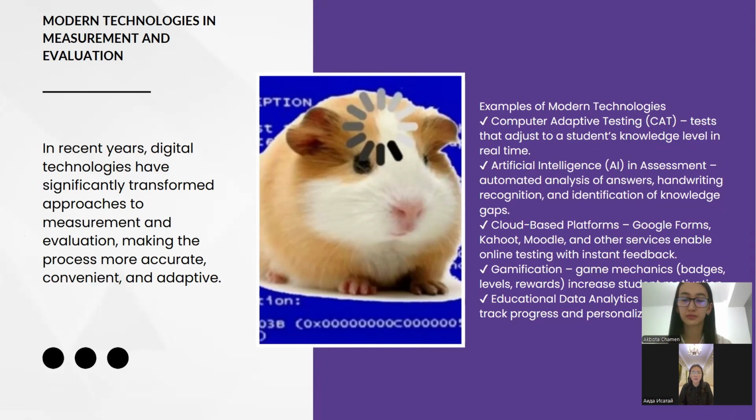And cloud-based platforms. We know that platforms like Google Forms, Kahoot, Moodle, and other services offer online testing with instant feedback. And also gamification: game mechanics like badges, levels, or rewards increase students' motivation. And educational data analytics helps teachers track progress and personalize learning.